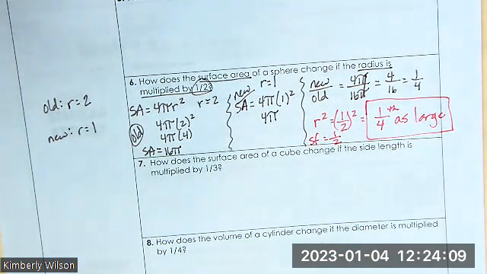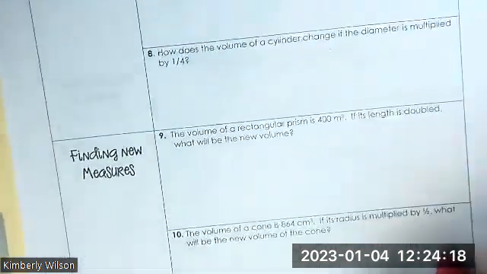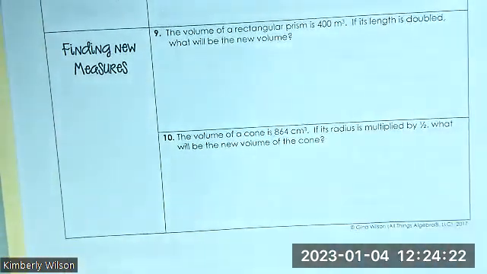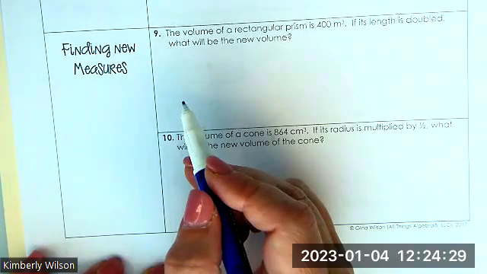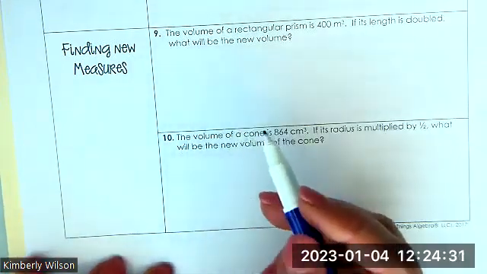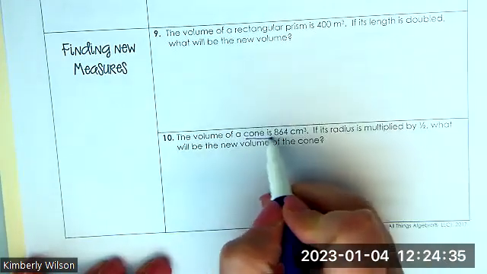All right, moving on, we're going to jump down and we're going to talk about number 10. This is where we're finding new measures. Okay, so it says the volume of a cone.